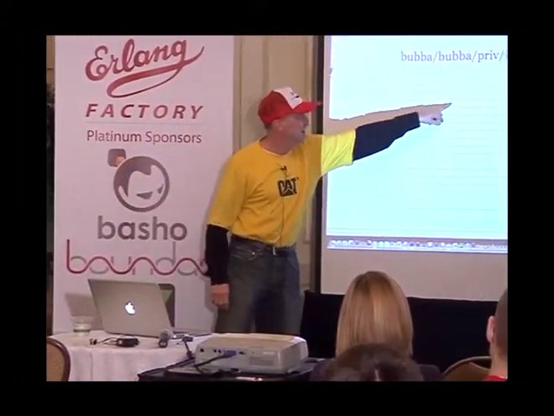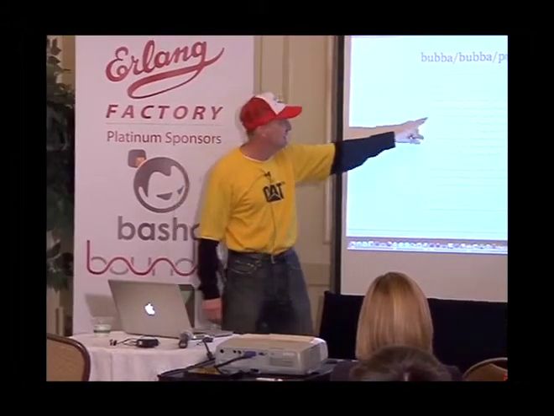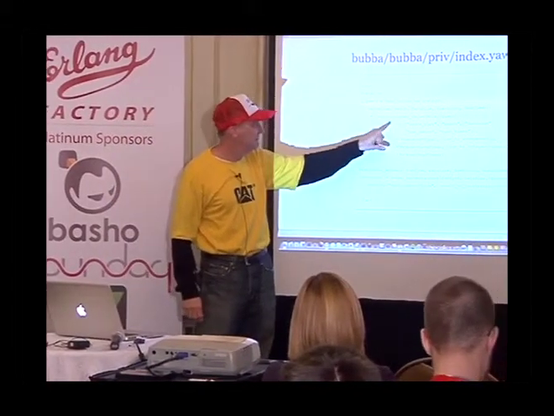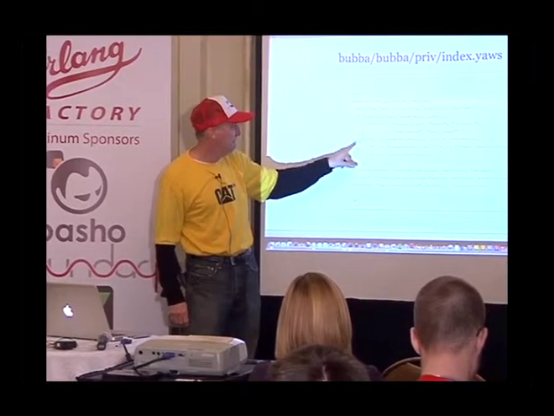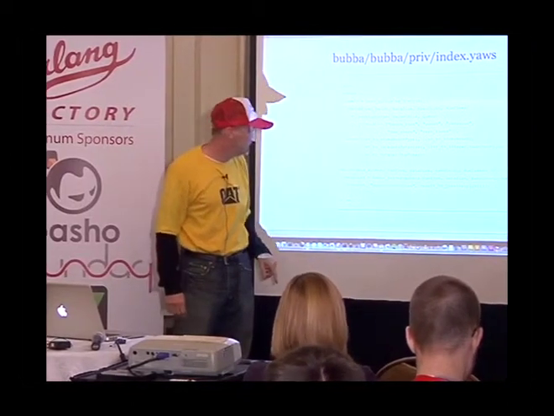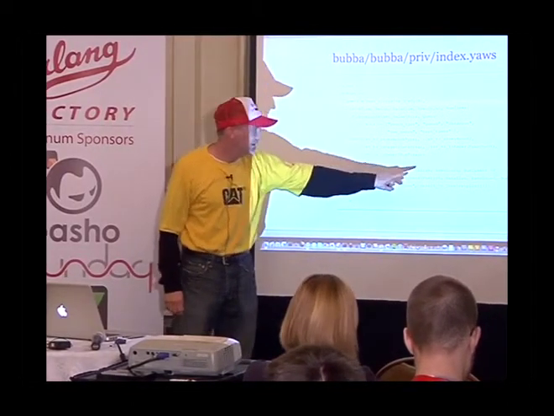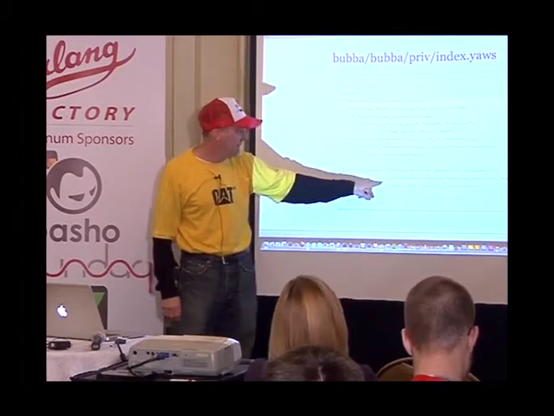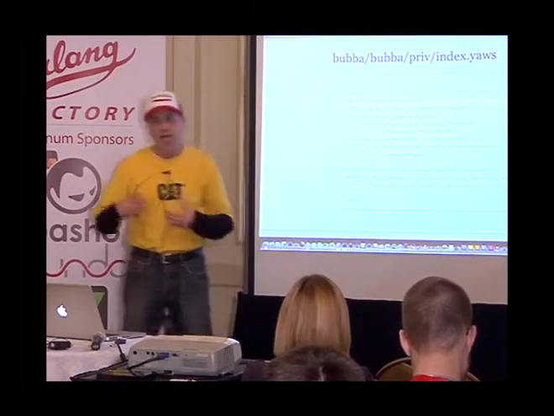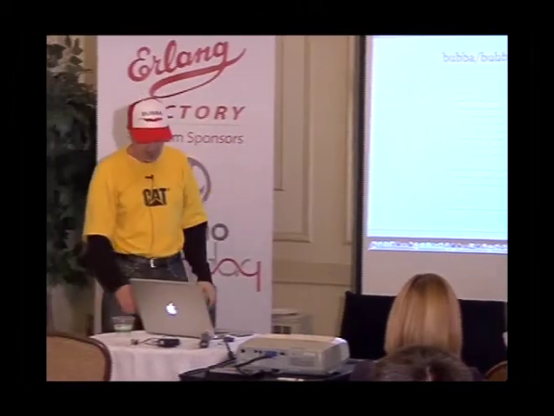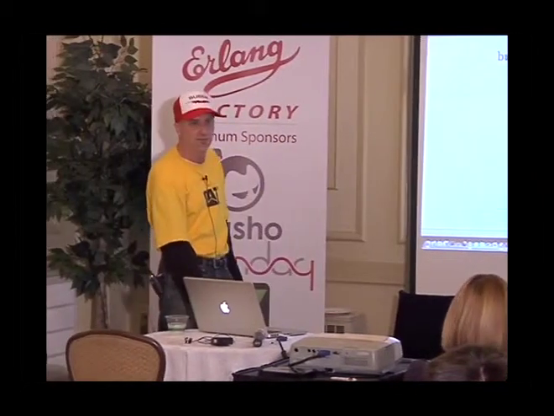And so I just use the YAWS functions to parse the query. And I pull out the elements that I'm interested in, and I pass them to this bench function. And bench is what's calling my Bubba server, and it passes in the properties that are needed for my benchmark to run.